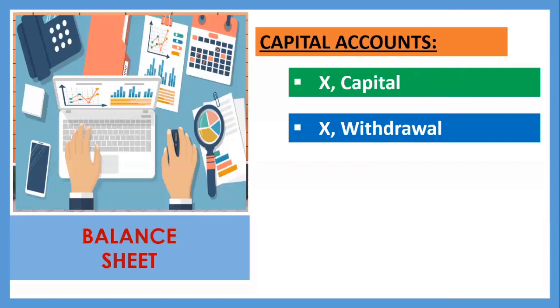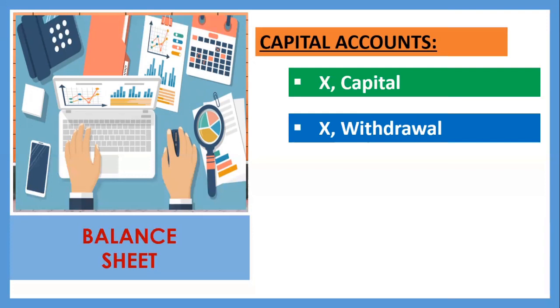So supposing in an academic problem the name of the owner is given, you should replace the letter X with the name of the owner as stated in the academic problem. For example, the name of our owner is John Smith. So we should replace X with John Smith. So that becomes John Smith, comma, capital.